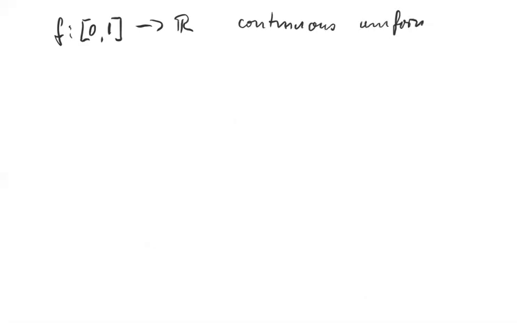But for example, we know there exist functions f from 0, 1 into R, which are continuous and actually uniformly continuous. Of course, because of the compact domain, right? And f is nowhere differentiable.